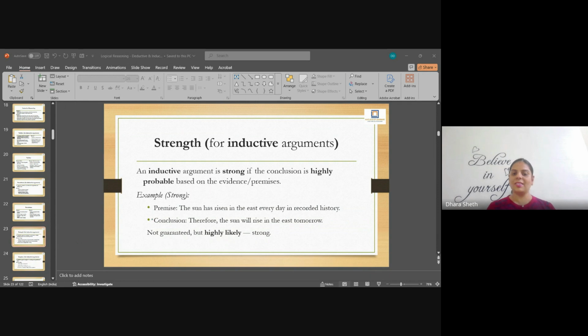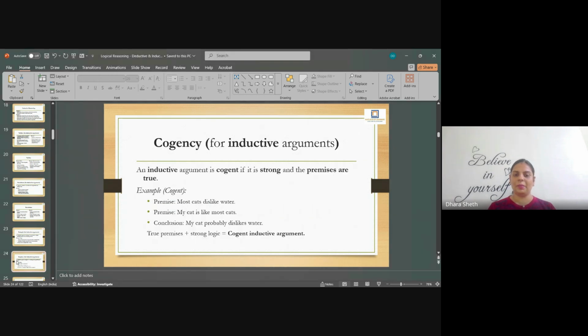The premise is the sun has risen in the east every day in recorded history. Therefore, the sun will rise in the east tomorrow. Not guaranteed, but highly likely, because every day in recorded history is a huge data for observation. Another example.